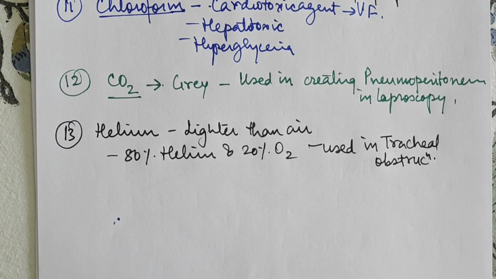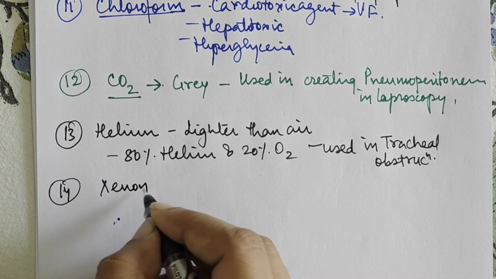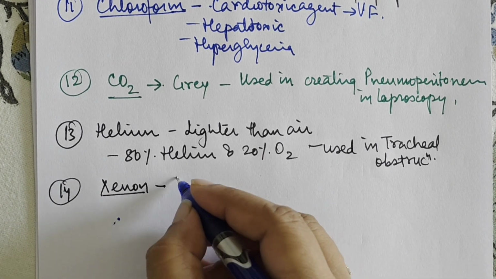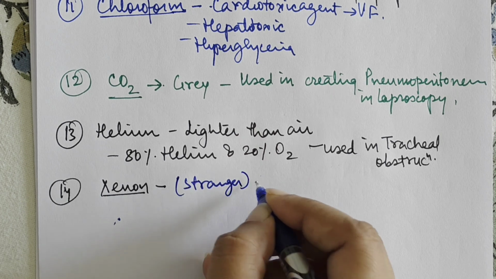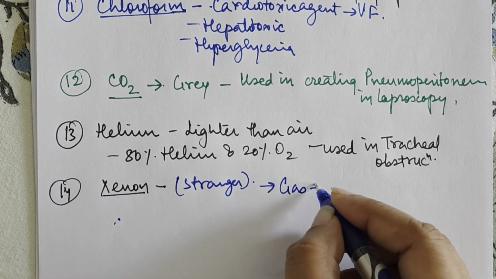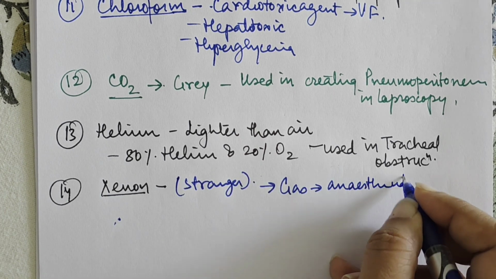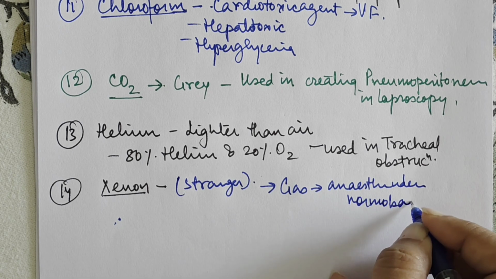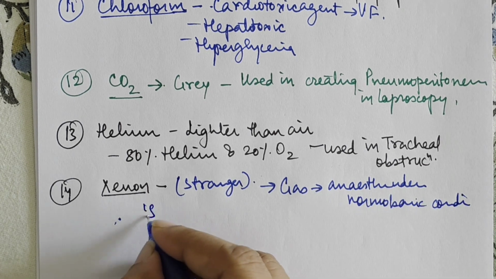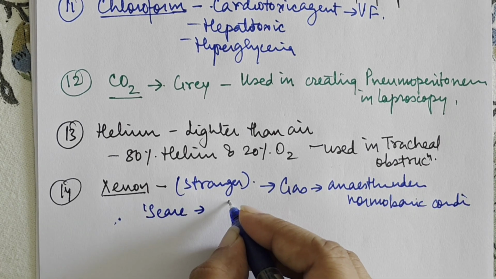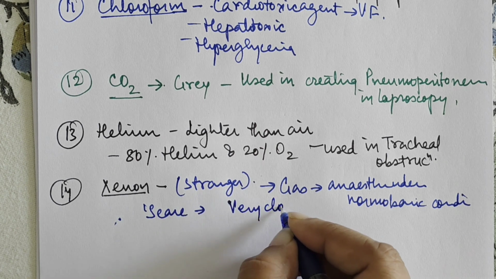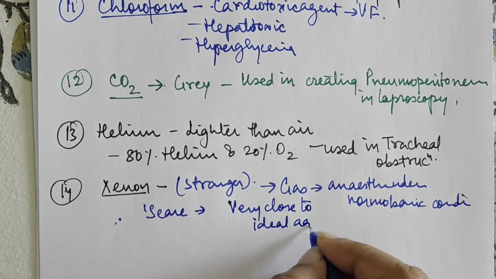Okay. Next we have a drug which is called xenon. Now xenon is a Greek word, it means stranger. This is a gas which is anesthetic under normobaric conditions. So this is an extremely rare gas and very close to an ideal agent.